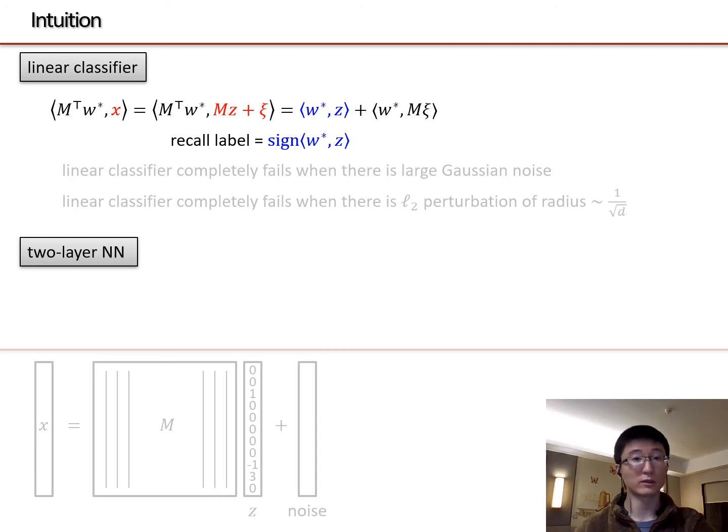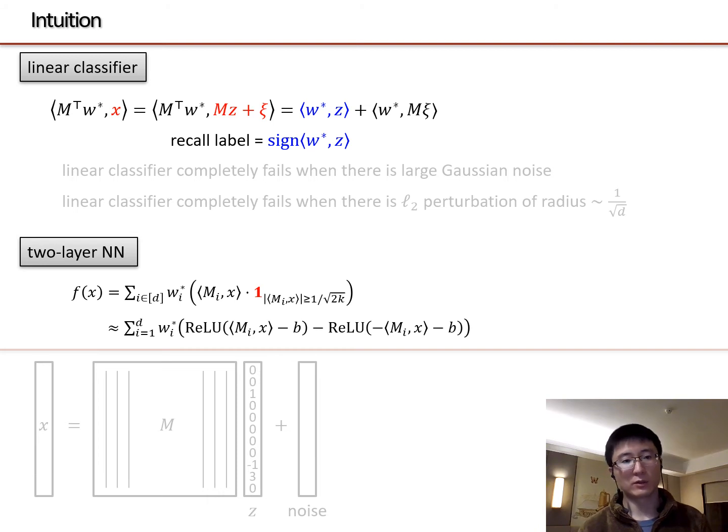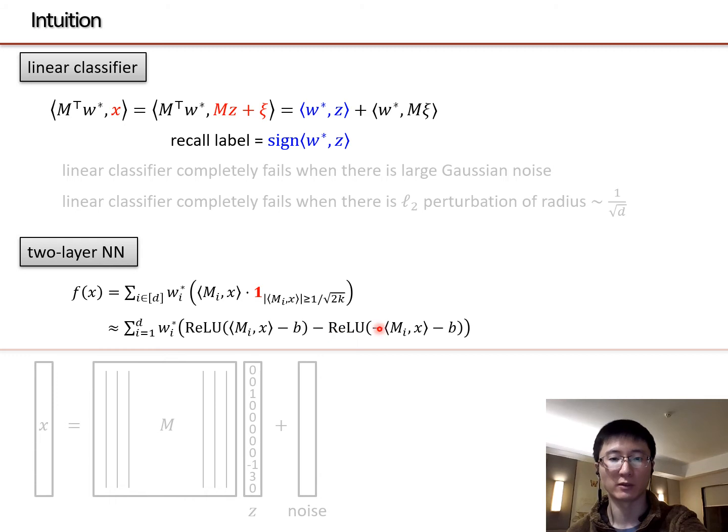Let me now, in contrast, construct a 2-layer neural network that will be actually robust against both Gaussian noise and L2 perturbations. For simplicity of the talk, let me just show why it is robust against L2 perturbation. Okay. So here's the construction. For each column of the dictionary matrix, for each dictionary word here, I construct 2 neurons, one in the positive direction of that, and the other one in the negative direction of that, with some bias term.